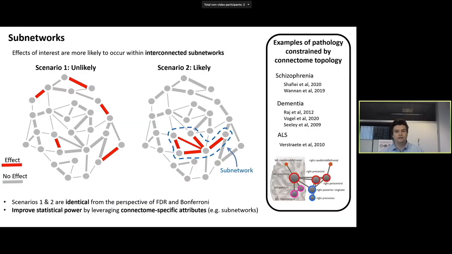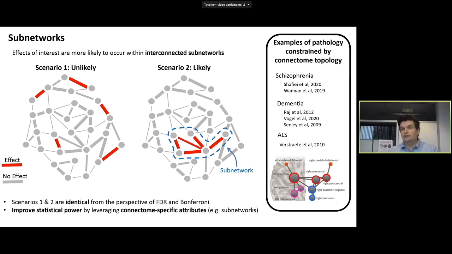However, these generic methods don't take into account connectome-specific attributes. We know that in connectomes, effects of interest are more likely to be confined within subnetworks, interconnected subnetworks, as I've shown here in the example of scenario 2, where we see that the red connections are the effect of interest and they are clustered in a network. There's a lot of evidence of this in pathology. I've shown some references there on the right-hand side.